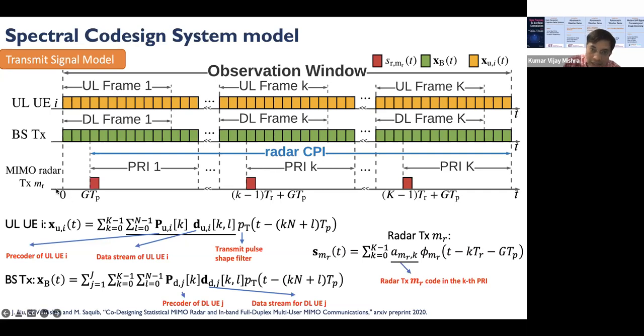Then, in the same observation window, we get an equal number of pulses and frames. That is one assumption we start with. You can have an unequal number, but it will become even more complex, so just to keep things simple, this is the model that we chose.